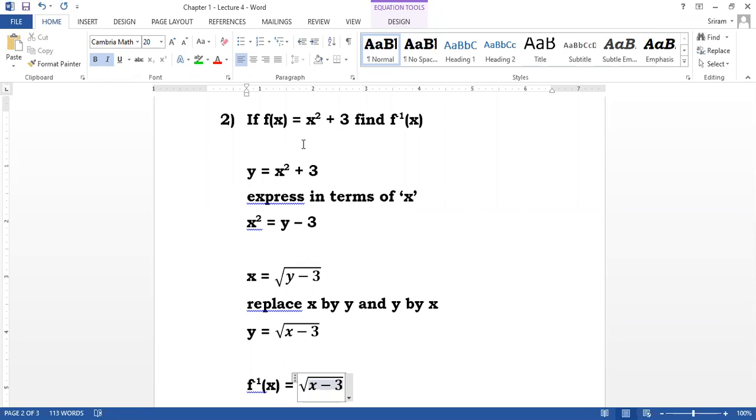I am going to take all the values of y and constants to one side and keep x on the other side. So x squared is equal to, when I take 3 to the opposite side, y minus 3. Now I need only x, I don't want x squared, so I am going to take the square root.